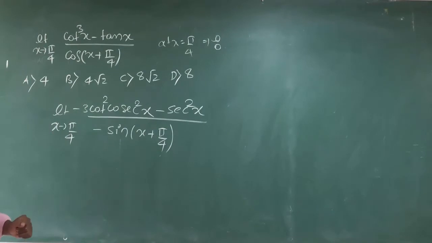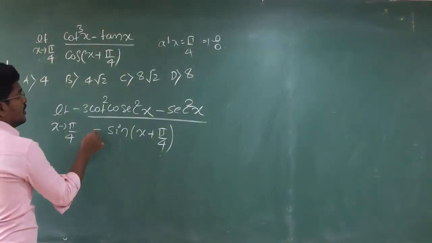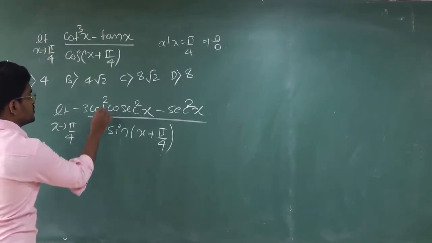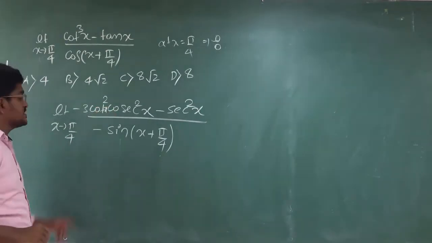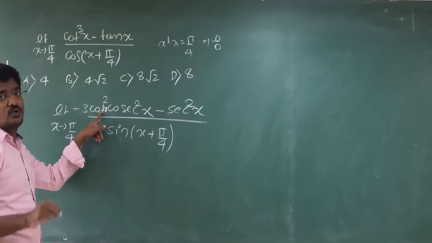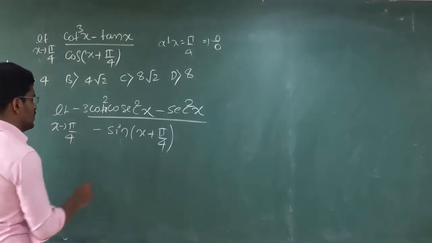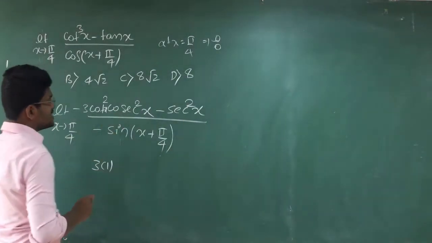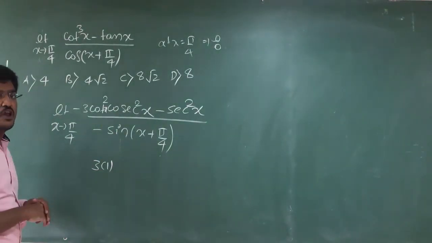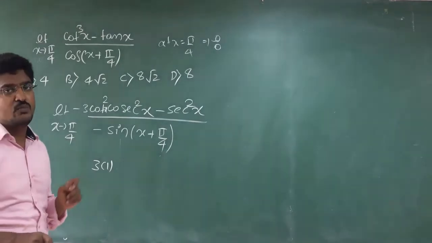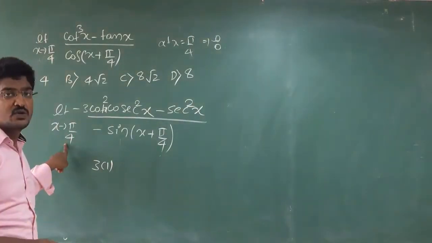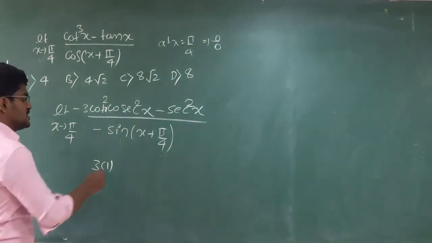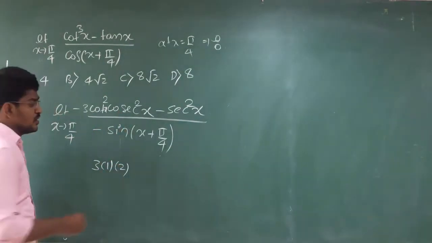If I put x equal to pi by 4, what will you get? Minus and minus will get cancelled, no problem. So 3 times cot square pi by 4. Cot pi by 4 is 1, so it will be 3 times 1 times cosec square pi by 4. As we all know, sin pi by 4 is 1 by root 2, so cosec pi by 4 will be root 2. Root 2 square is 2. Clear?